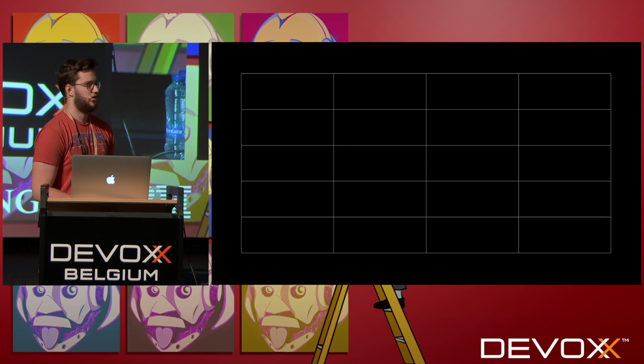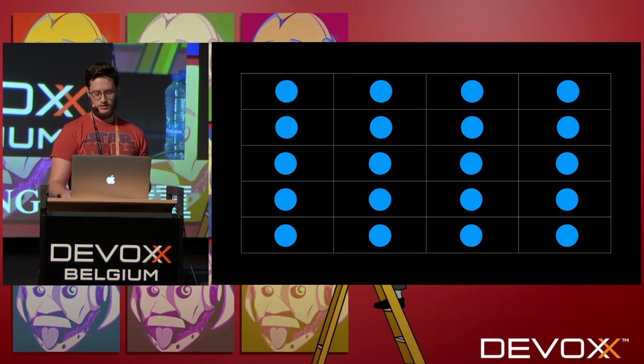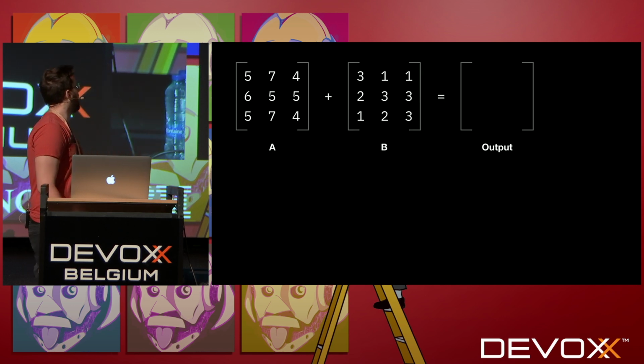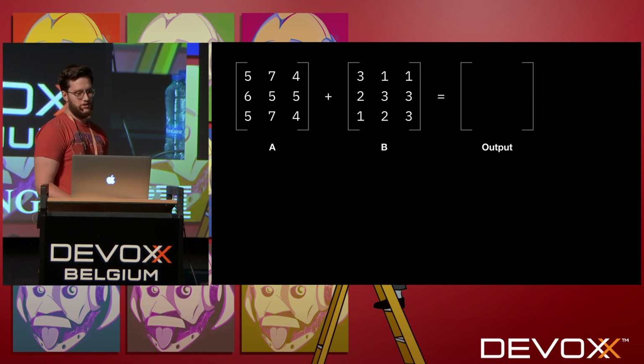With WebGL, we can give it a specified output, and it can calculate all of them pretty much at the same time. We can do multiple things at the same time. So let's take a look at this matrix right here, A and B, and let's say we wanted to add them together.